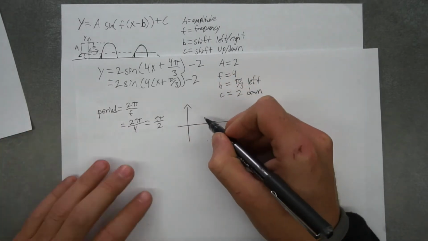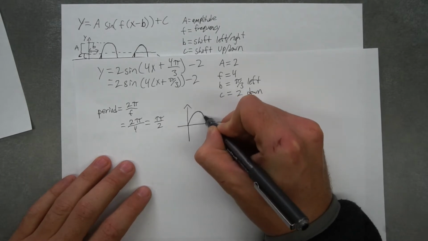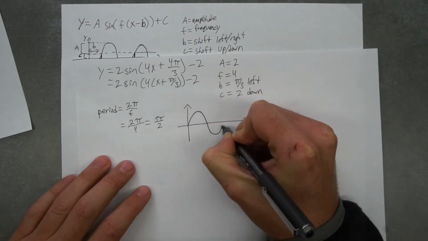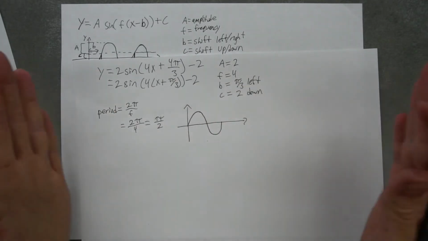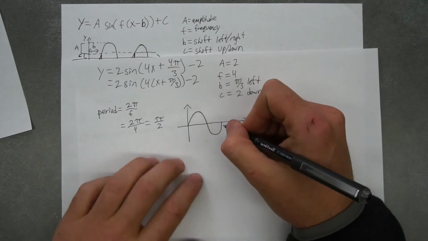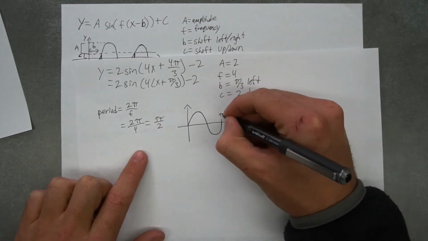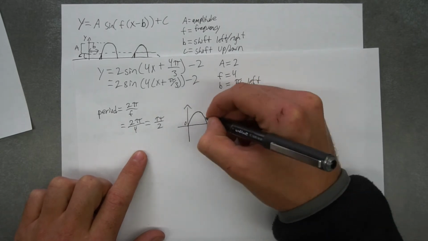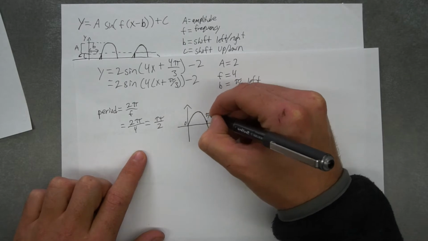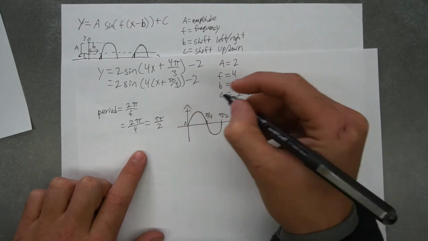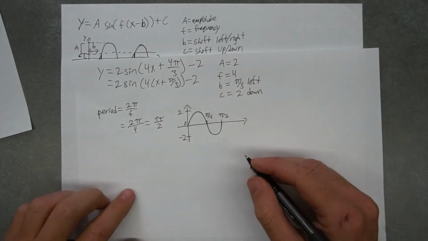This graph is going to look like a sinusoid, or a sine graph, but slightly squished. The reason it's slightly squished is because the period is much shorter. It's no longer 2 pi, it's pi over 2. So we have pi over 2 over here, 0. It crosses right at pi over 4. And our max is 2, our minimum is negative 2.